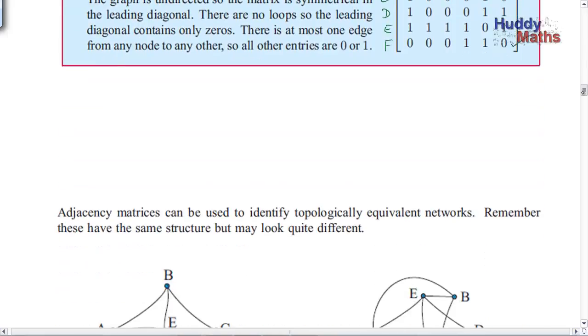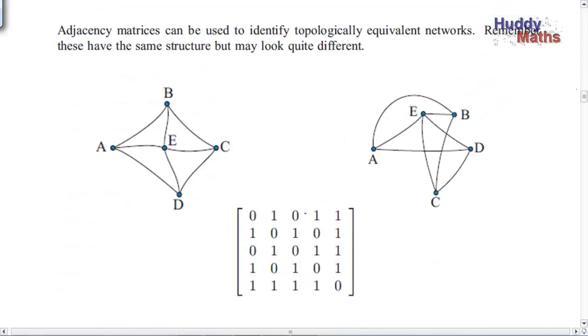Now, what I'm going to ask you to do is to have a look at this. This is a good use for adjacency or connectivity matrices, because you might say, are these two network diagrams equivalent? Well, if we went through and said A to B, C, D, E, and repeated the process, we would find that even though they look different, particularly with this out here, they do have the same connectivity or adjacency matrix.